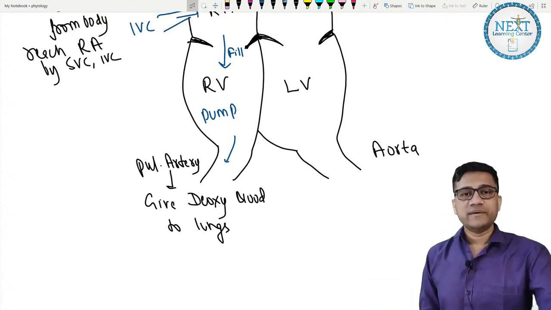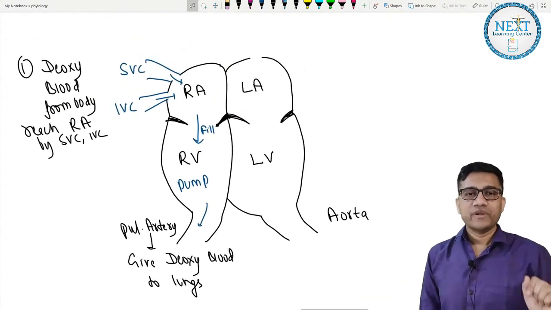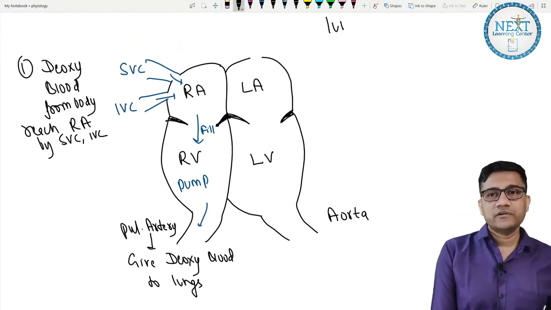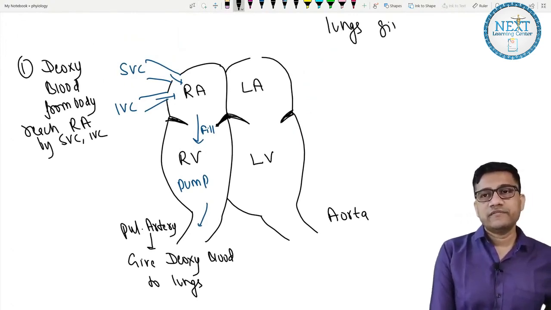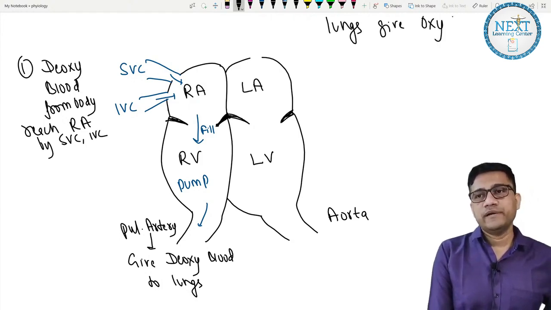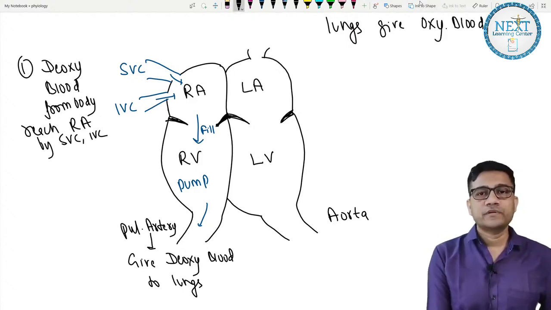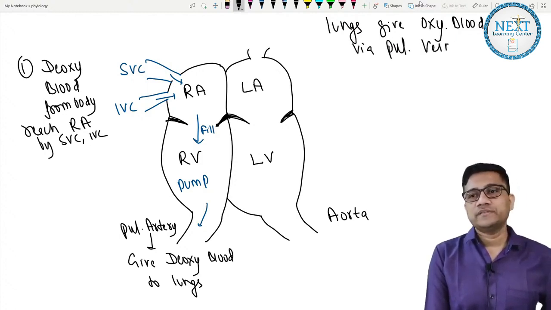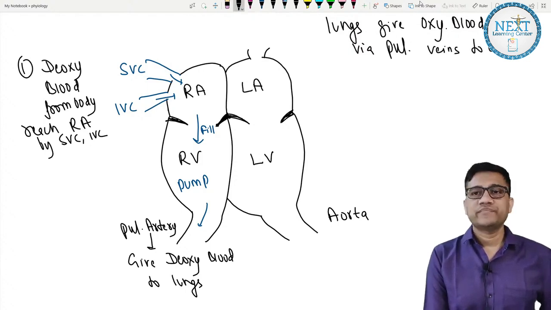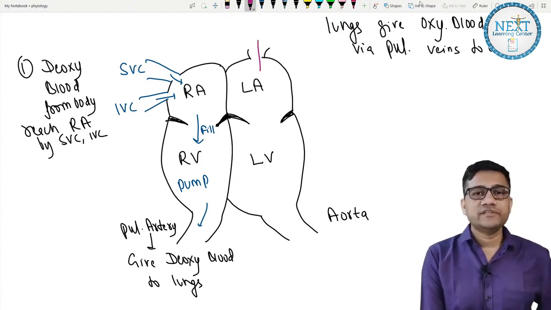This is the next step. So the lungs give oxy blood via the pulmonary veins to the left atria. So now deoxy blood is going to the lungs and oxy blood is coming.